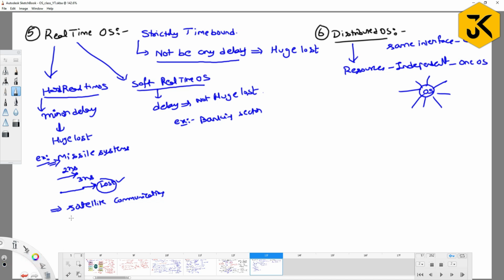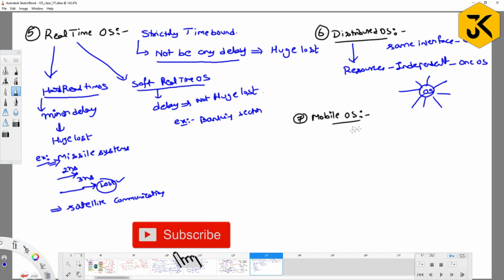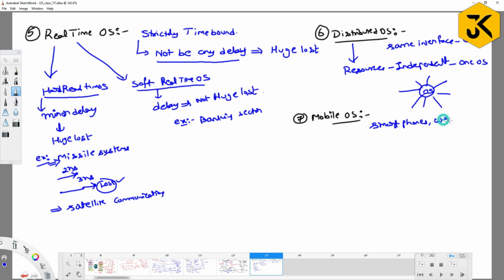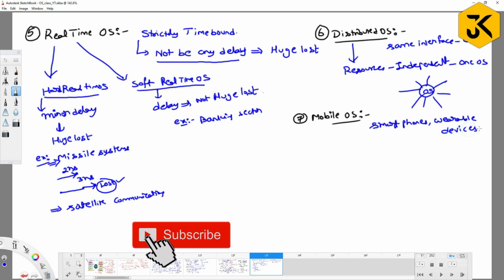Okay. Next one, we can have mobile operating systems, right? These mobile operating systems are designed to power various kinds of smartphones, small handheld devices like smartphones, wearable devices, and tablets, right?